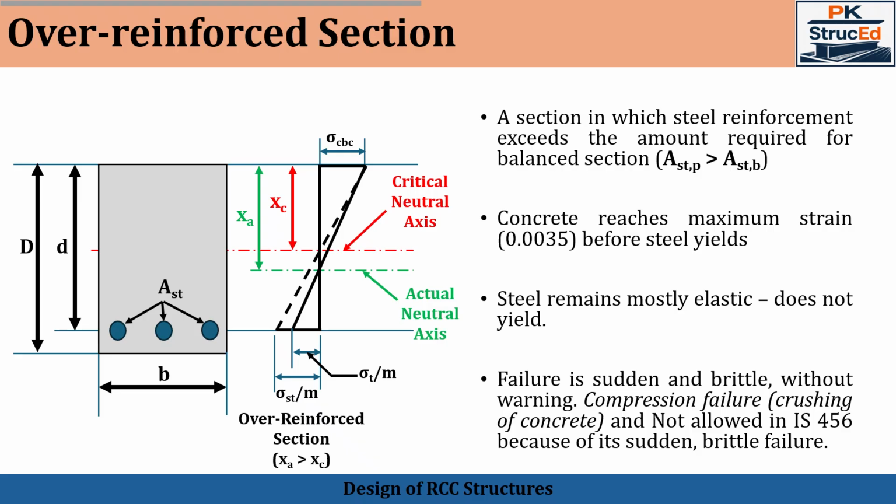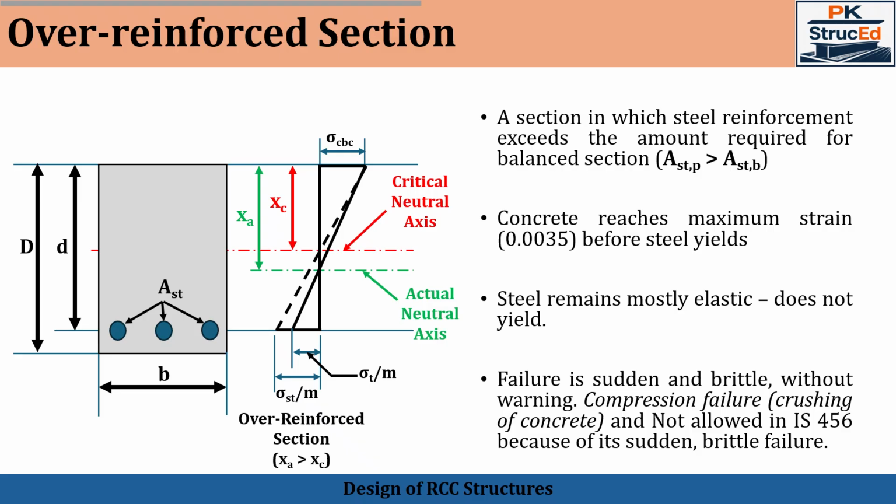Finally, we consider the over reinforced section. In an over reinforced section, the amount of steel provided is more than required for a balanced section. When the load increases, the concrete reaches its crushing strain first and the steel does not yield at this stage. This results in a sudden and brittle failure.